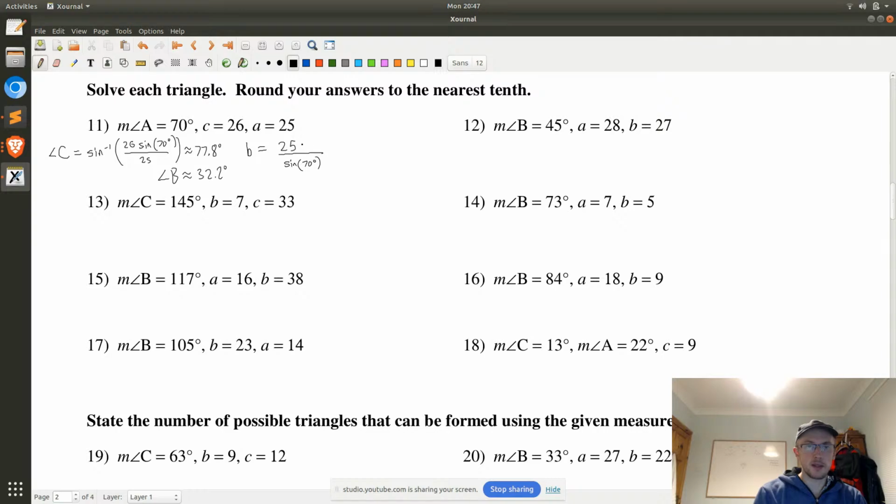I type in 25 times the sine of my answer, and I divide it by the sine of 70.